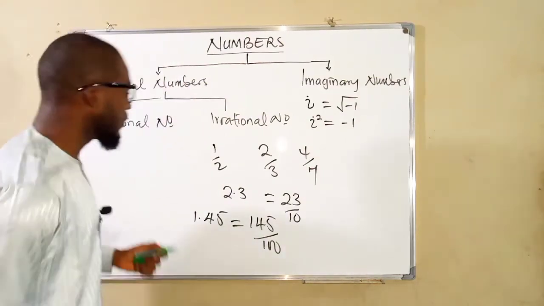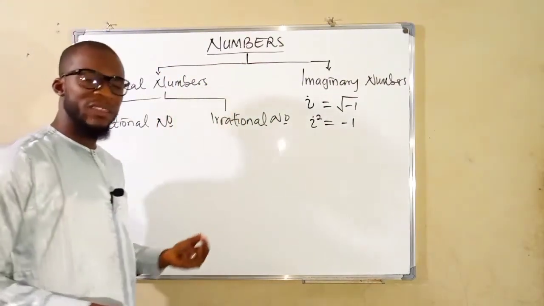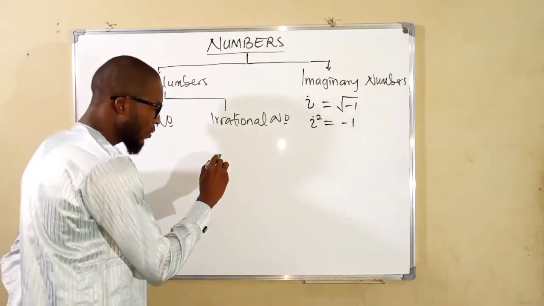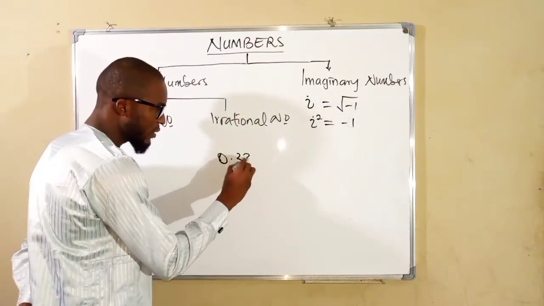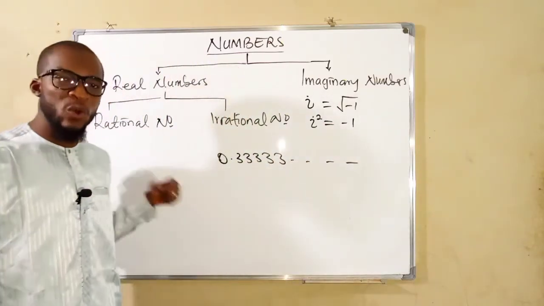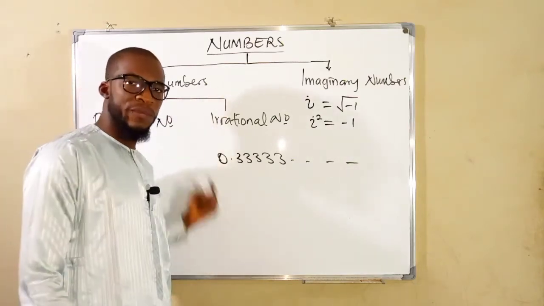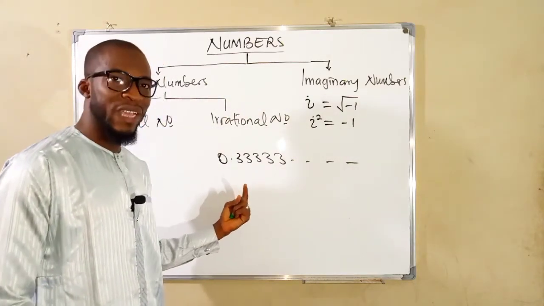Sometimes we may have non-terminating decimal numbers like 0.33333, but they are recurring, in the sense that 3 is repeating itself. It keeps on repeating, but it is non-terminating.